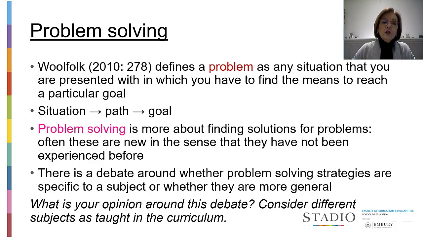But if we're looking at general strategies, we know that an activity like reading with understanding is very important and would be used in many, many different subjects, because involved in reading would be the need for prior knowledge of being able to understand the words, and then also the need for critical thinking as you're going through your reading so that you are able to make some kind of understanding or comprehension of what it is that you're actually reading.